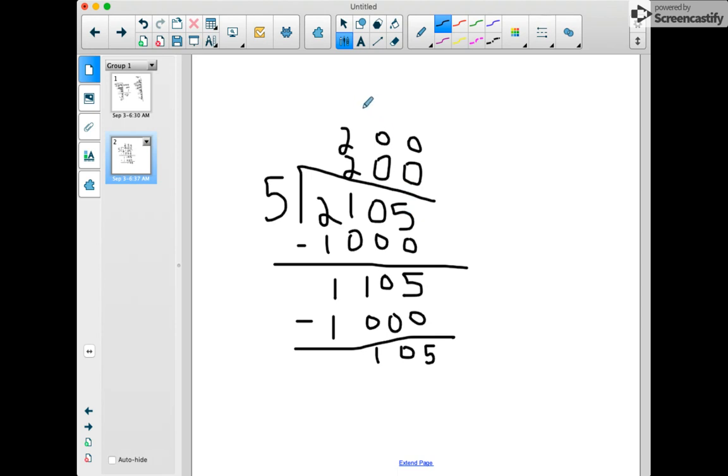So I'm going to go with 20 because I know that 5 times 2 is 10, so 5 times 20 is 100. And just like last time, I'm left with 5, so I'm going to say 5 times 1 would give me 5, so I could subtract out that 5.